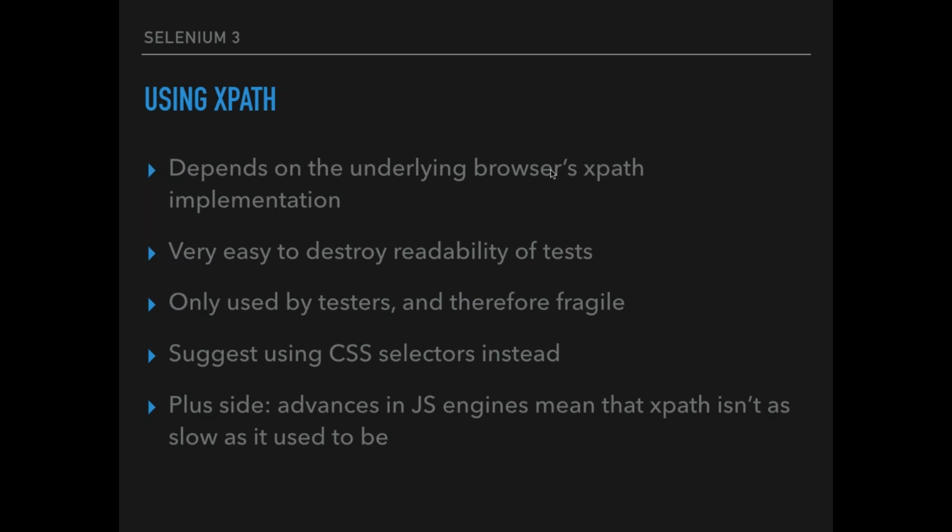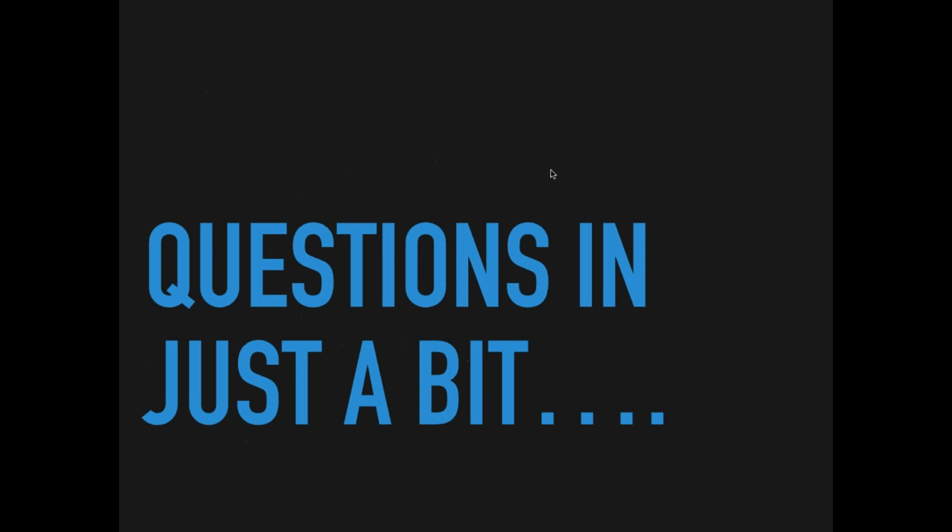Microsoft ship a JavaScript implementation of an XPath engine as part of the Edge driver, the Microsoft WebDriver, and that XPath engine is very fast. It was optimized while I was at Google for use there. It's incredibly fast, and better still, the JavaScript engine in the Microsoft browsers has come forward in leaps and bounds. It used to be one of the slowest ones on the market. It's now incredibly rapid. So yes, that's using XPath, updated advice.